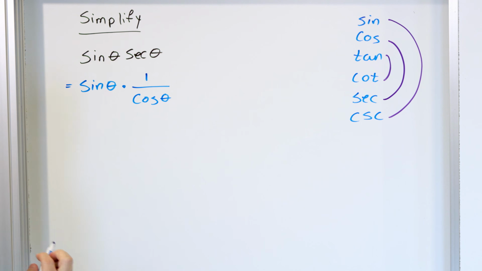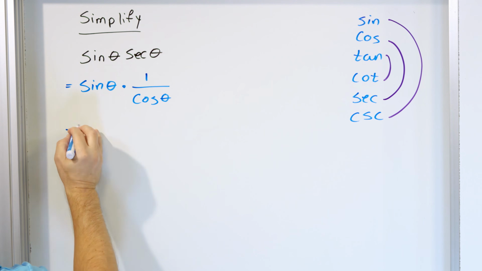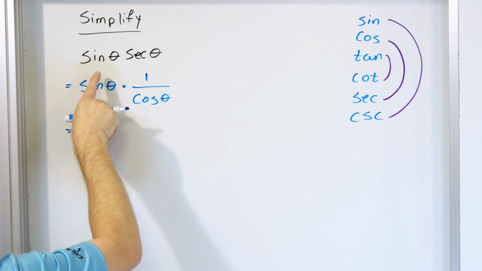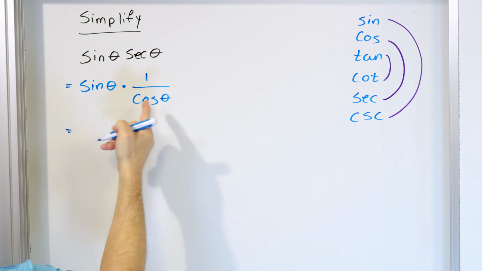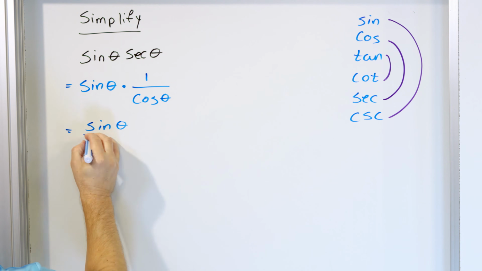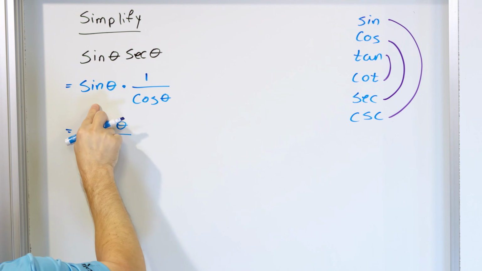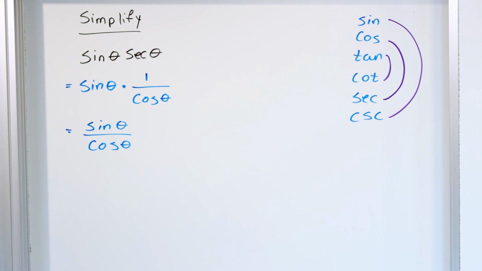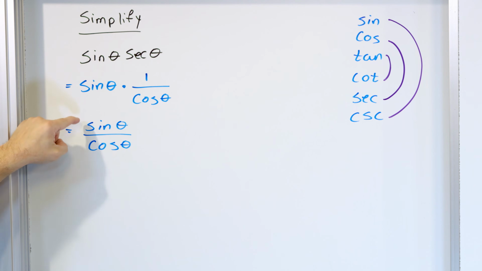Because I know that this sine is like sine over 1, and so I can multiply fractions. How do I multiply fractions? I multiply the numerators and I multiply the denominators. So sine of theta times 1 is this, and on the bottom there's an invisible 1 in the denominator times cosine theta right here.